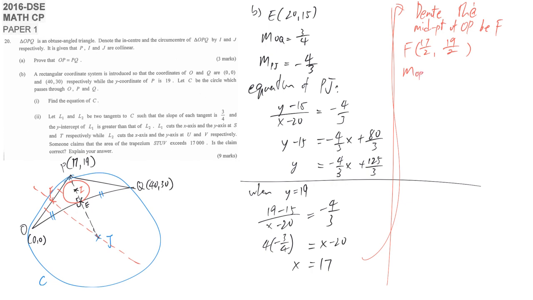Slope of OP is equal to 19 over 17. Slope of FJ is equal to negative 17 over 19. So the equation of FJ is (y minus 19 over 2) over (x minus 17 over 2) equal to negative 17 over 19.